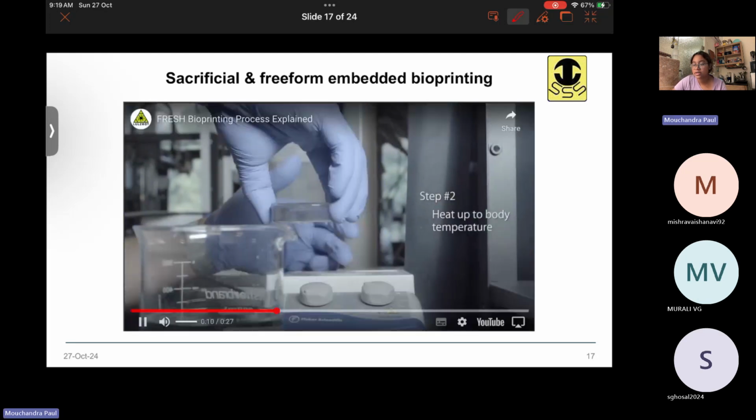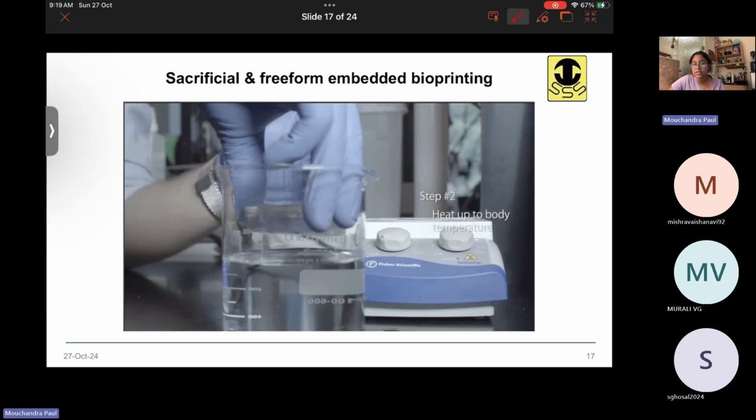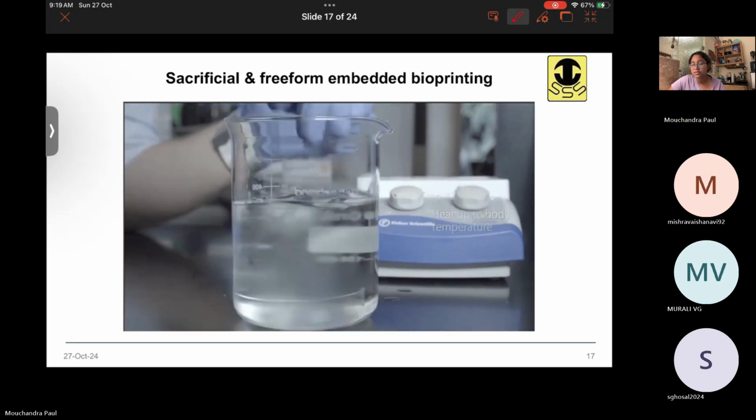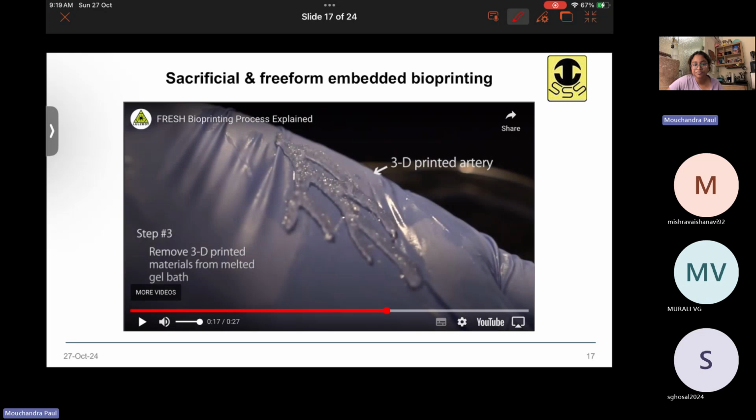After the printing is done, they used a heated water bath in order to dissolve the support bath away. Once they did that, the 3D printed artery structure came out. Got it? This is a demonstration of how free form embedded bioprinting works.